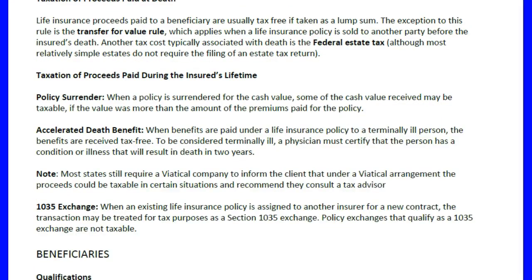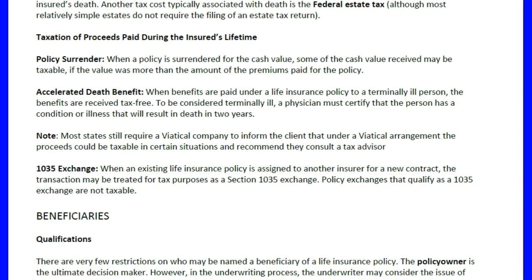So let's continue. Taxation of proceeds paid during the insured's lifetime. Policy surrender: if a policy is surrendered for the cash value, some of the cash value received may be taxable if the value was more than the amount of premiums paid for the policy.